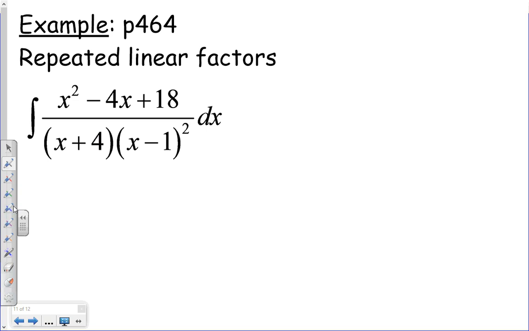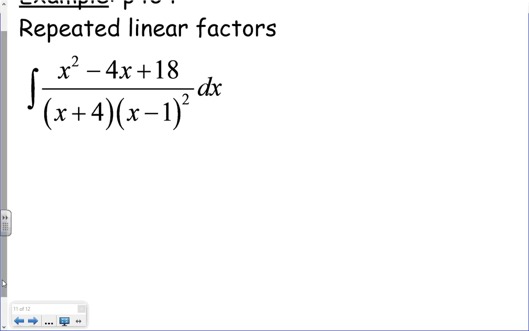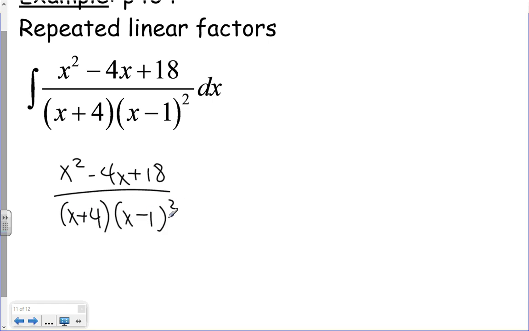It's already factored, so I can write this in its partial fraction decomposition form. Let's go ahead and write the original. X squared minus 4x plus 18 divided by x plus 4 times x minus 1 squared. I know I can rewrite this as some number over x plus 4 plus some number over x minus 1.